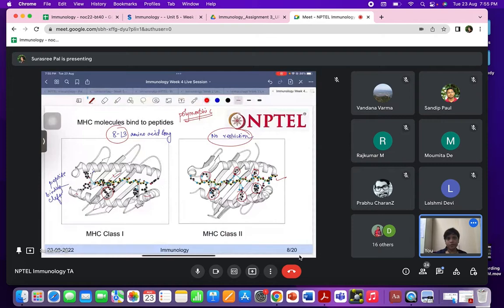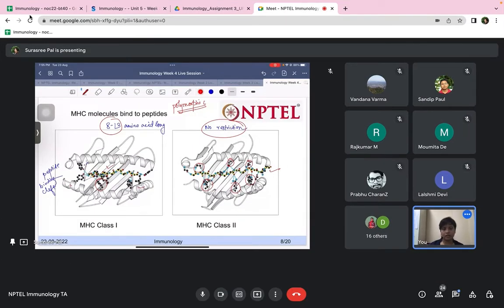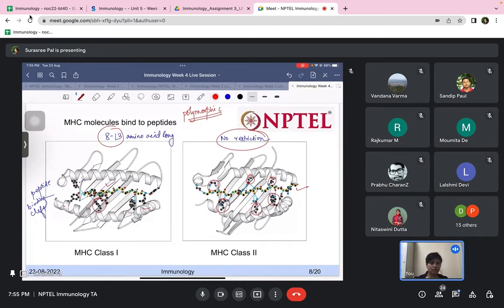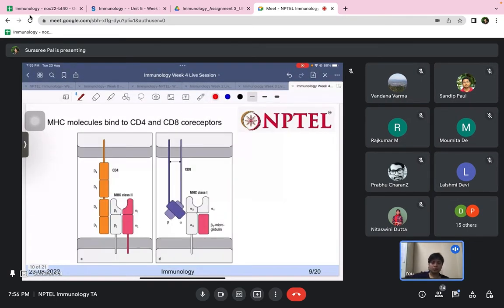Okay, so this is more or less the difference between MHC class 1 and class 2 peptide binding. Now, there is also a little difference between MHC class 1 and class 2 when they bind to the CD4 and CD8 co-receptors. If you remember, MHC class 2 is associated with the CD4 co-receptor, whereas MHC class 1 is associated with the CD8 co-receptor.